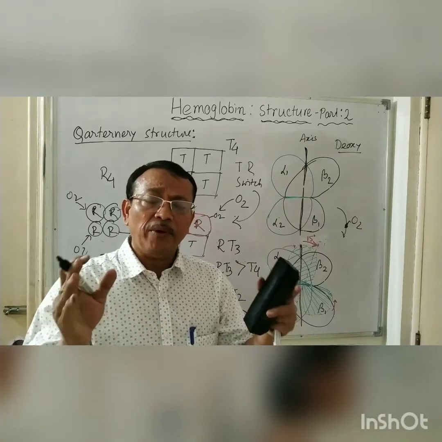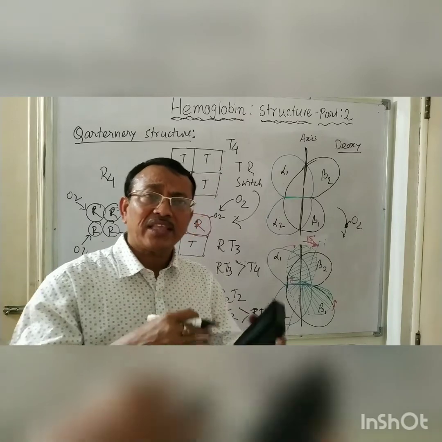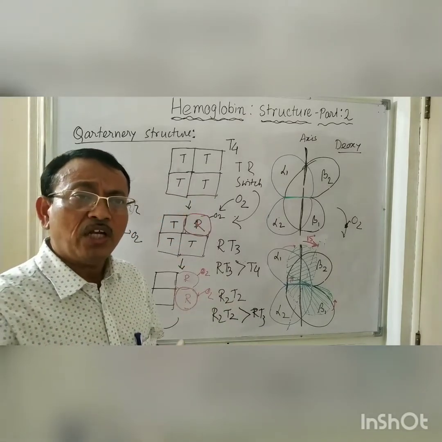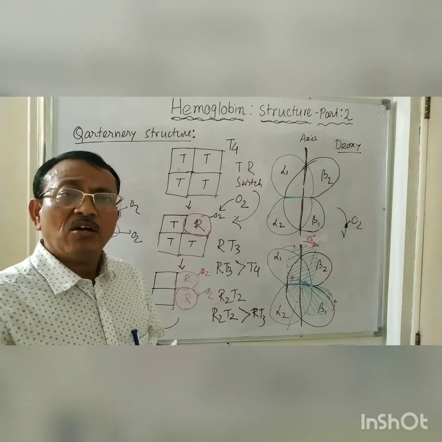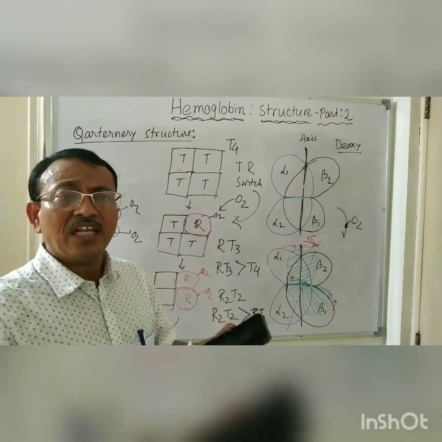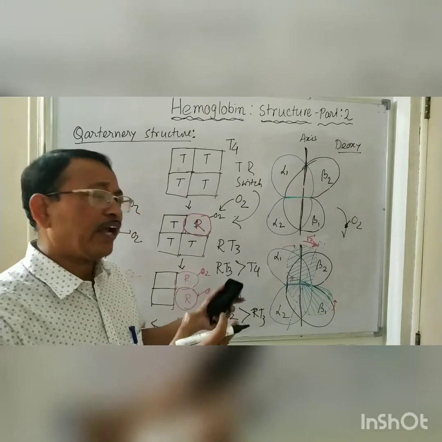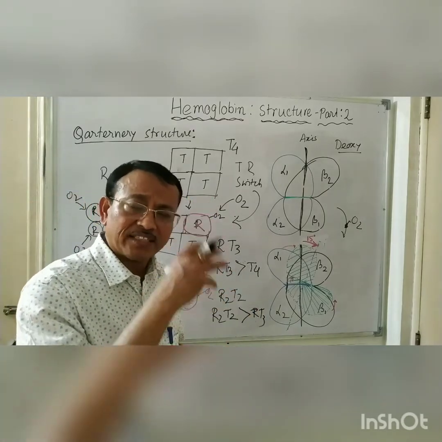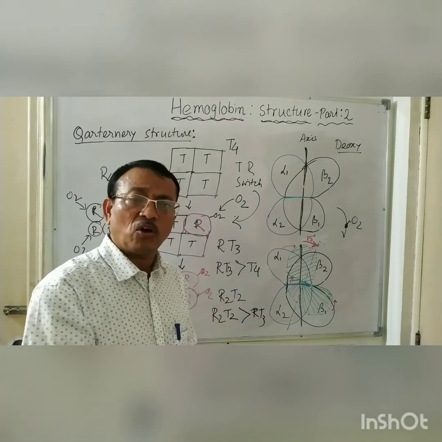And this breakdown of the salt bridges will make the second molecule of the hemoglobin bind with oxygen more easily. Second molecule of the oxygen will bind with the second subunit of the hemoglobin molecule.